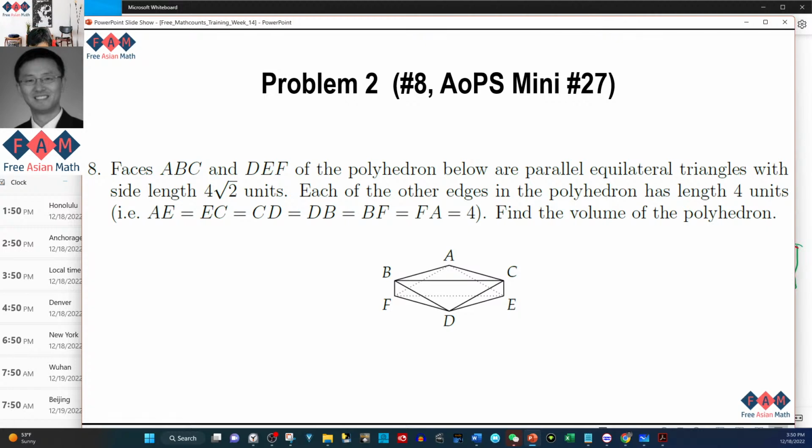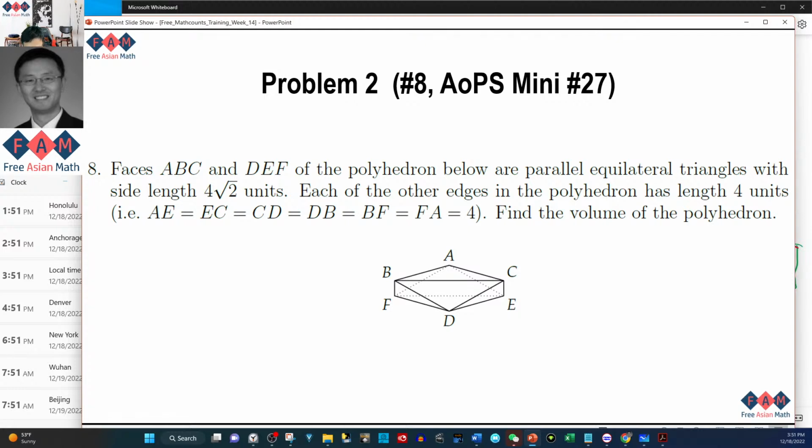So let's read this problem a little bit more carefully. We have faces ABC and DEF of the polyhedron below that are parallel equilateral triangles. So ABC and DEF are both equilateral triangles, and they are parallel to each other.